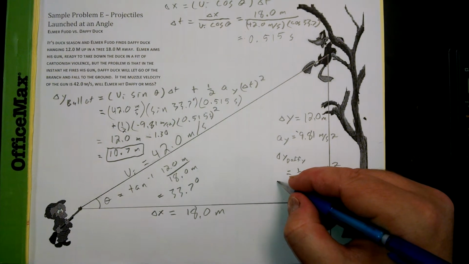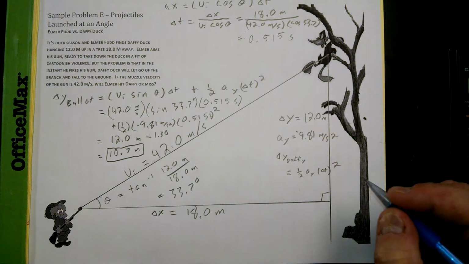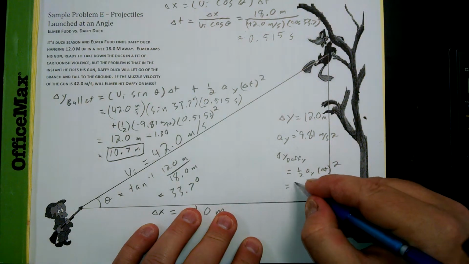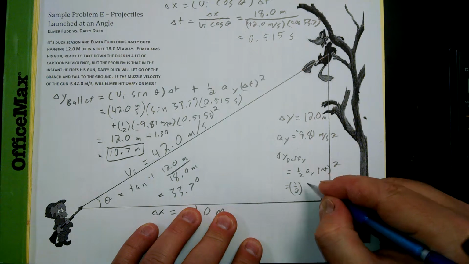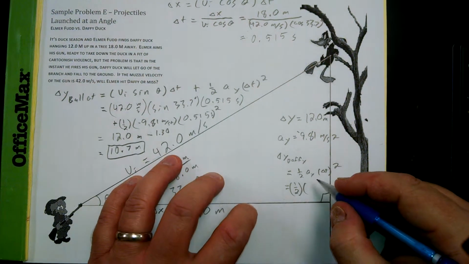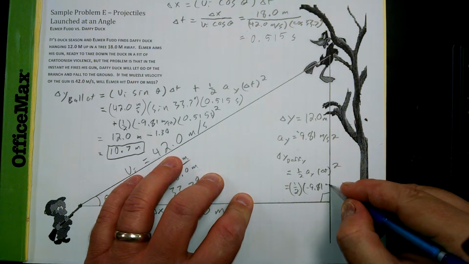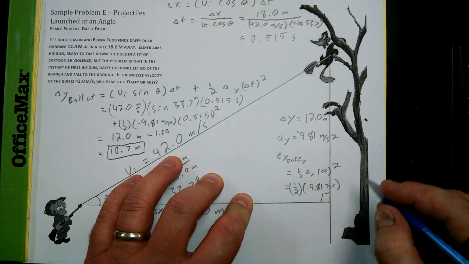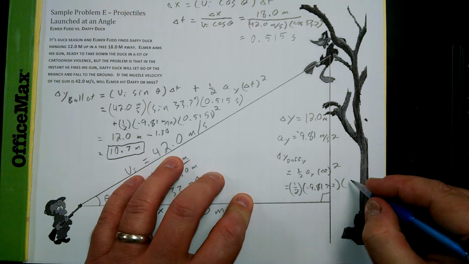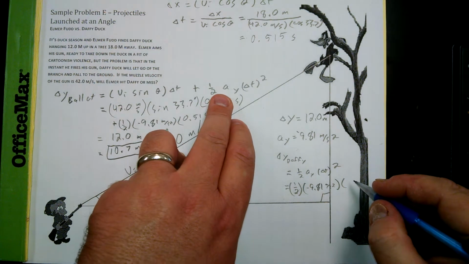Let's go on to the next part, Daffy. Okay, so Daffy, on the other hand, is going to drop, well, we'll have to figure this out. That's 1/2 multiplied by a sub y, which is negative 9.81 meters per second squared, multiplied by the time squared. And let's see, what is the time squared?